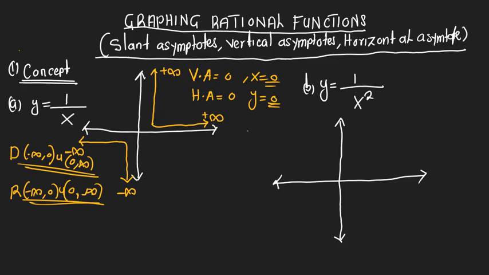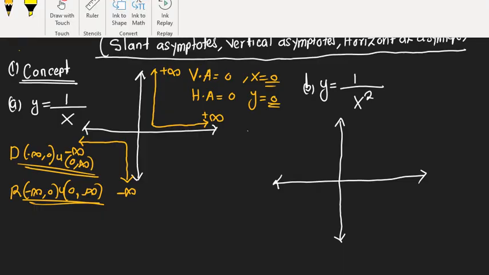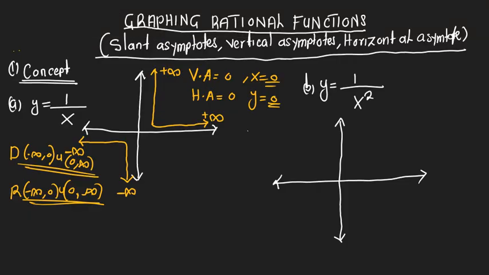Whenever you have something like x to the power 2, or you have y is equal to 1 over x to the power 2, it implies that your graph is going to be like this. Please, I want you to pay attention so that when you see me graph, you'll be able to grasp the concept.